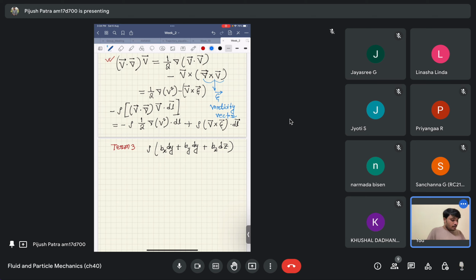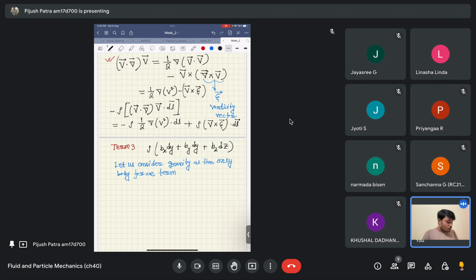What is that simplification? Let us consider gravity as the only body force term. So in that case, this gravity always acts along the negative z axis. Am I right?